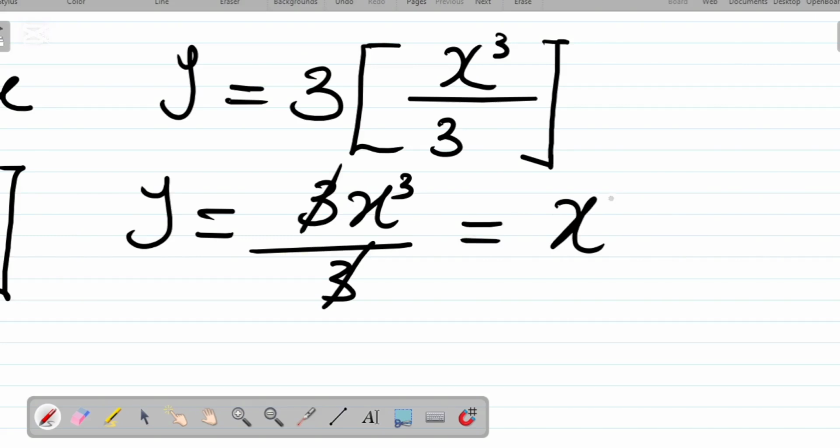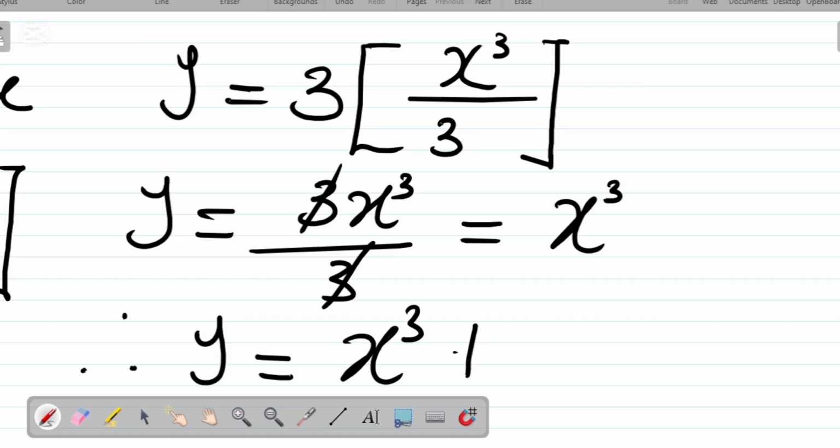We are left with x raised to power 3. So finally, y becomes x raised to power 3 plus c. Remember, c is the constant of integration.